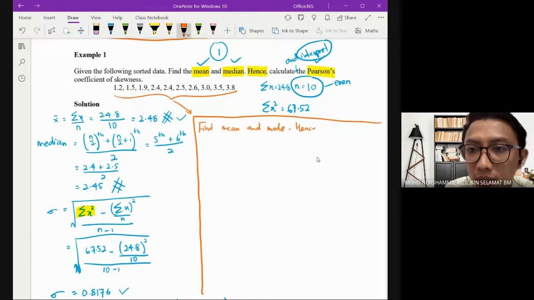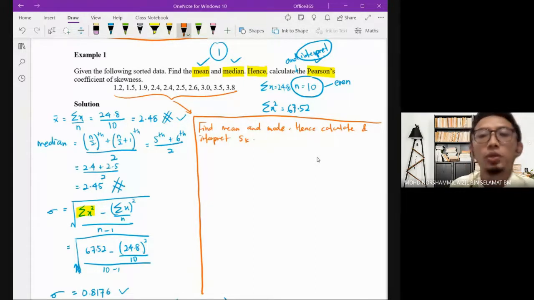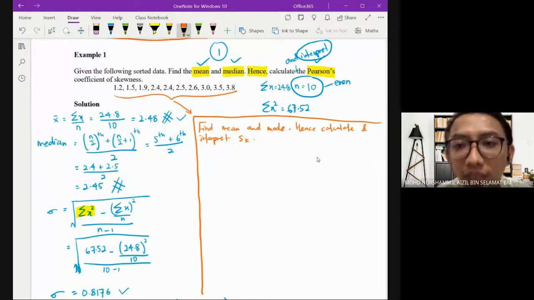Hence, calculate and interpret Pearson's coefficient of skewness. Dapat idea tak? Kita nak gunakan data yang sama tapi soalan tu saya ubah sikit.